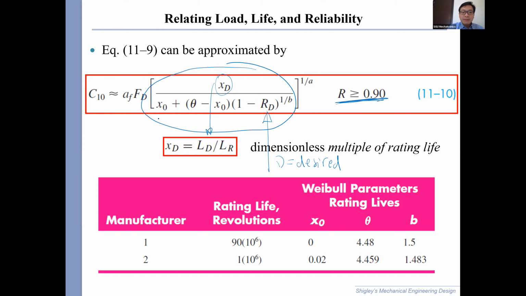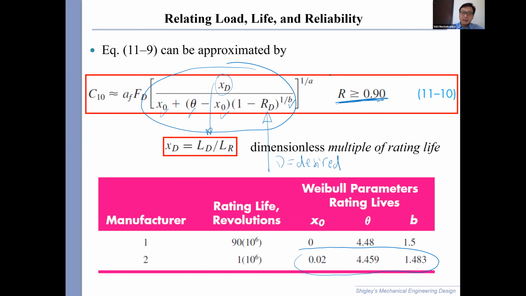FD is the same. All these little guys, including B here, are from the Weibull parameters. XO is just 0.2. Theta is 4.459. And B, right? Yep, that's B.